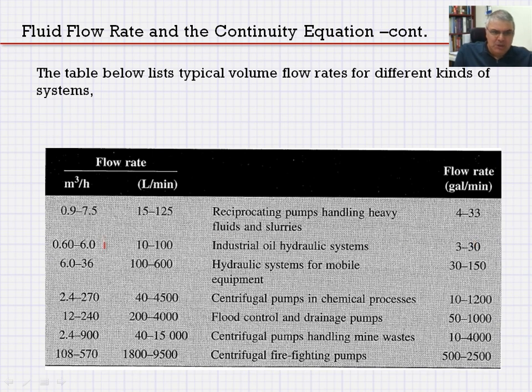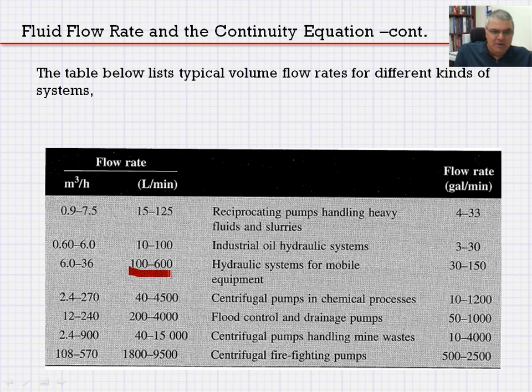It's also shown in cubic meter per hour and in liter per minute. This is a wide range from 10 to 100. The maximum is 10 times the minimum. So it's really a wide range.